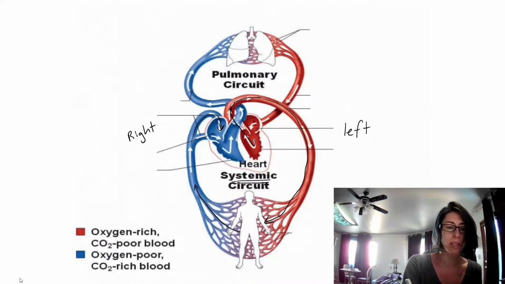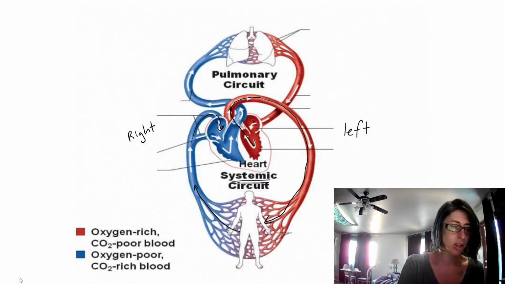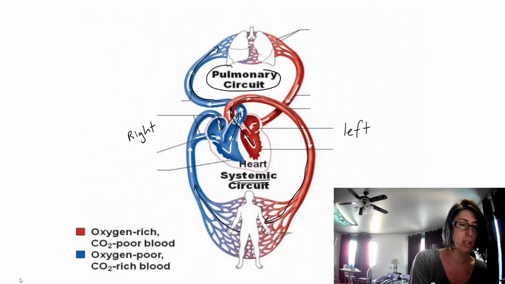Now, remember, we're looking at this heart as a mirror image, so it's a little counterintuitive because this heart's right side is my left side, right? You have to imagine that it's flipped around because you're looking at it face on, so it's like looking in a mirror. So the deoxygenated blood comes back to the right side of the heart, and then the heart sends it to the lungs in what's known as the pulmonary circuit.